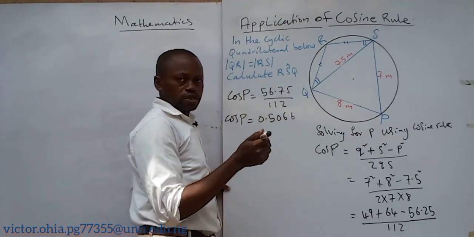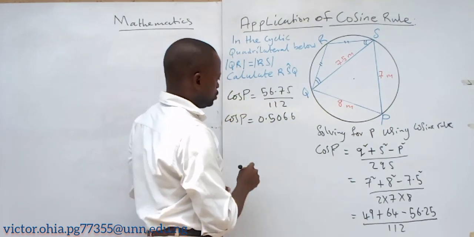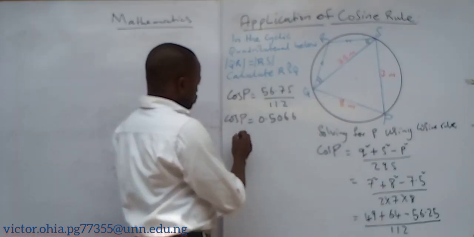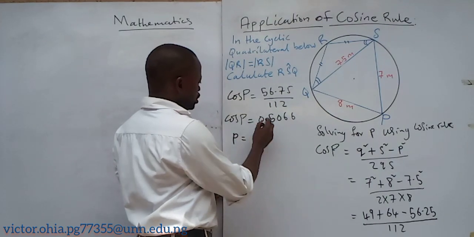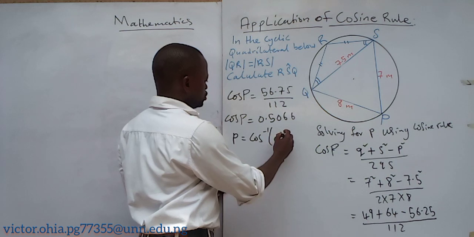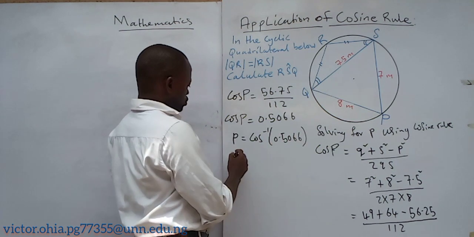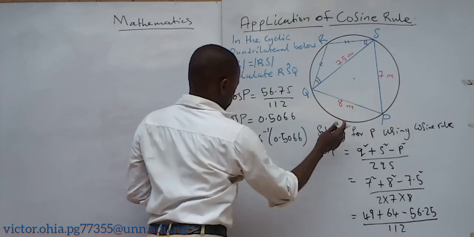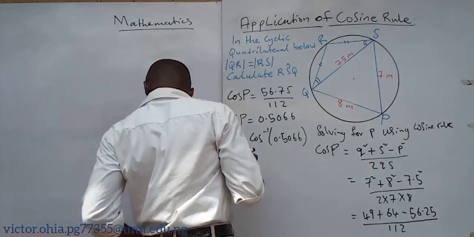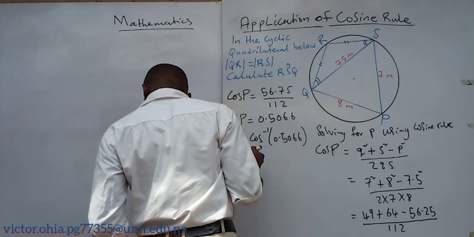Please, you should also check in yours to verify this if there is any mistake there, but I don't think so. So what is P? We take the cos inverse of 0.5066.